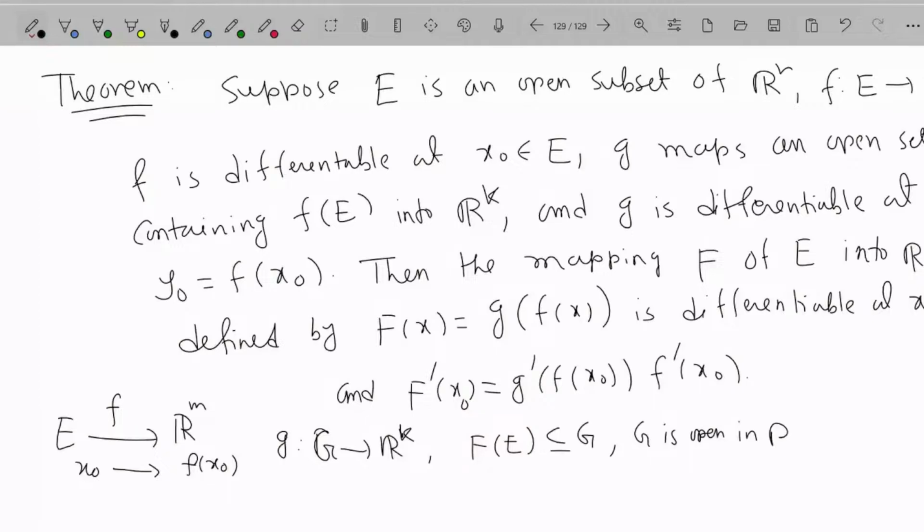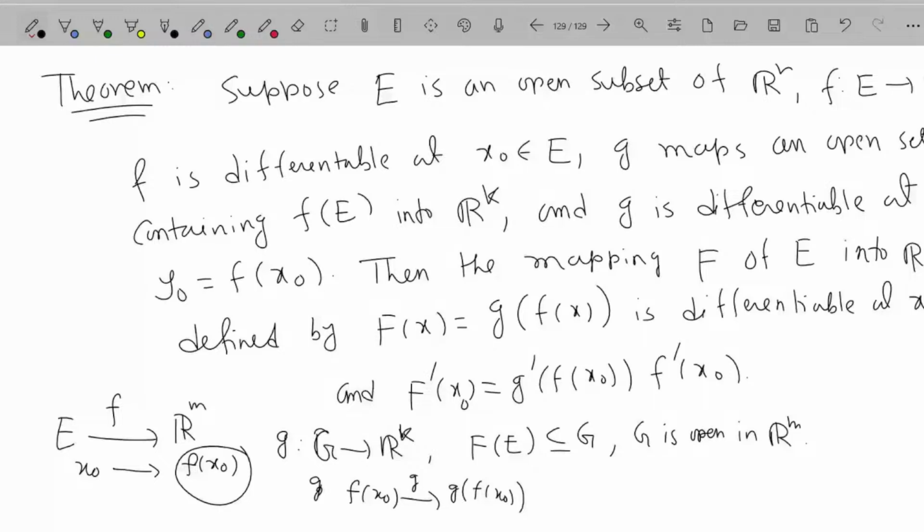Now we are saying that if G is differentiable at f of x naught, then the composition mapping, which obviously is a mapping from E to Rk, will be differentiable at the point x naught, and the value of the derivative at that point, that linear operator, is just a product of these linear operators.